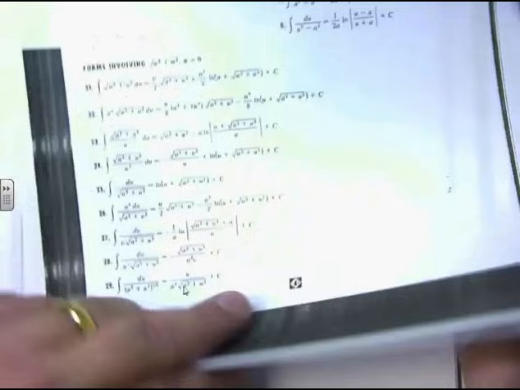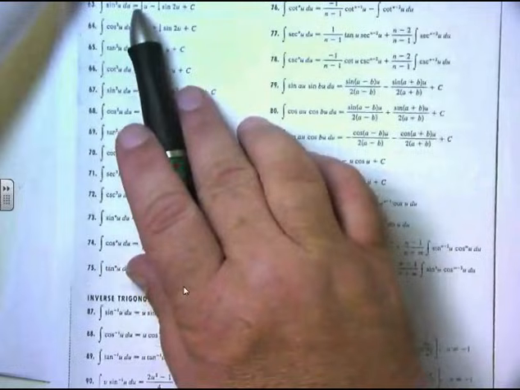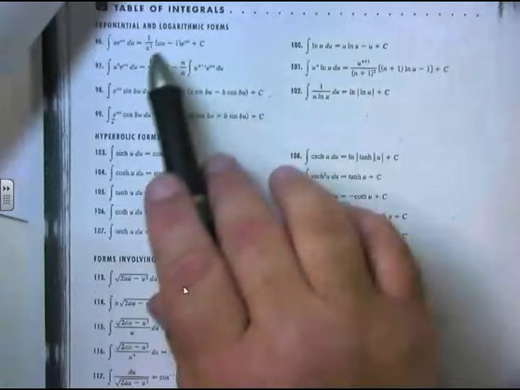Keep on going. Forms involving a plus bu. Lots of those formulas. Forms involving trigonometric functions. You've got sine squared, cosine squared, all the way up to tangent cubed, and so forth and so on. Forms involving inverse trig forms. Forms involving exponentials and logarithms.